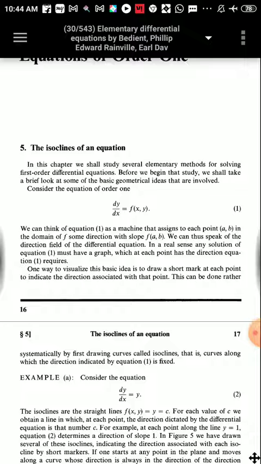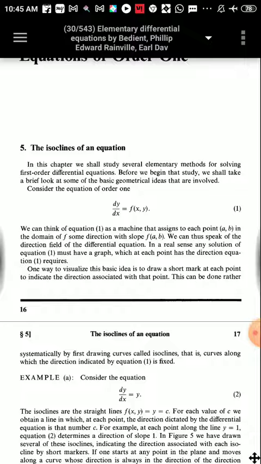We can think of equation 1 as a machine that assigns to each point (a, b) in the domain of f some direction with slope f of (a, b). We can thus speak of the direction field of the differential equation. In a real sense, any solution of equation 1 must have a graph which at each point has the direction equation 1 requires.